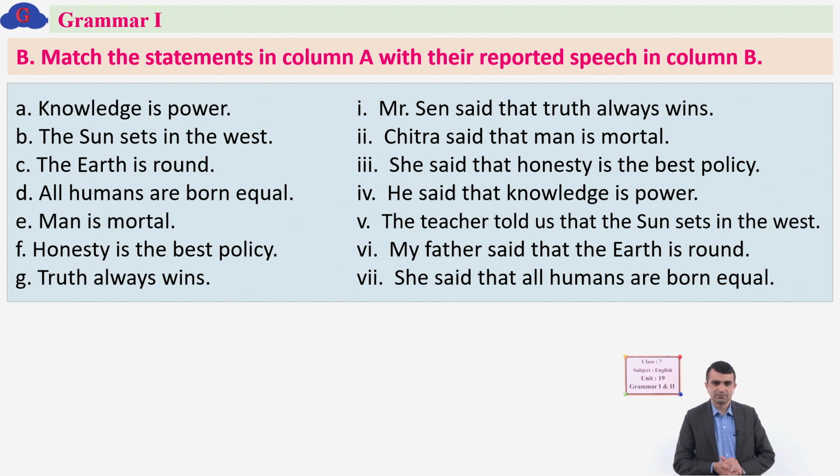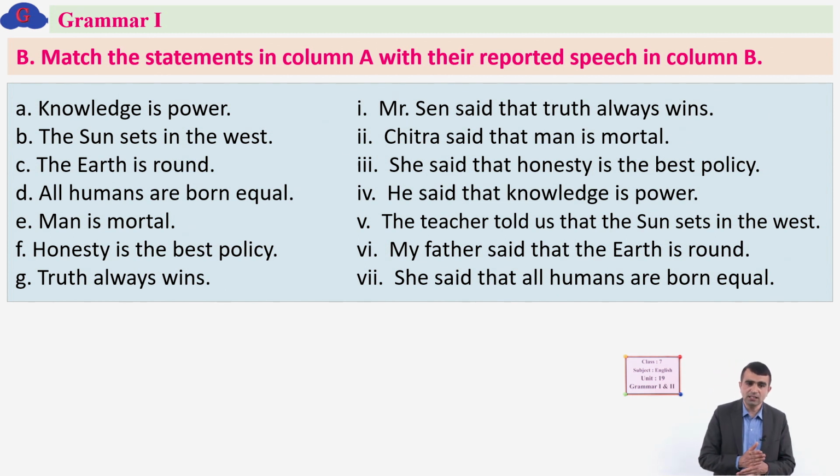See there. Now there is a matching task, isn't it? Task of matching items. Match the sentences in column A with their reported speech in column B. In column A, what is given? A, knowledge is power.